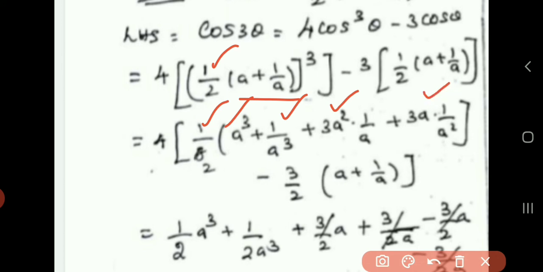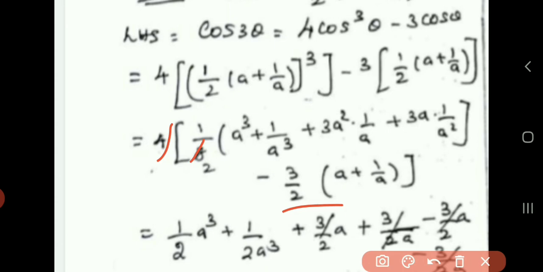By the use of this formula I expanded here. And then here I just remove the bracket like this. So it becomes minus 3 by 2 into a plus 1 by a. Then I can cancel this 4 and 8 here, 2 times there.